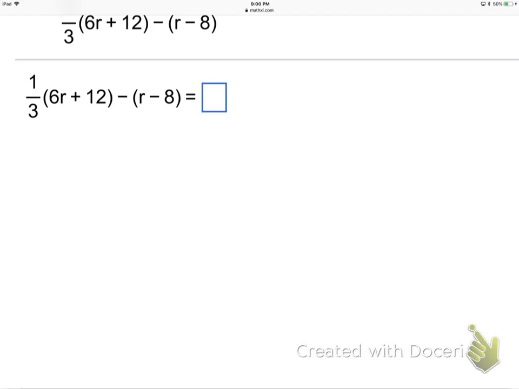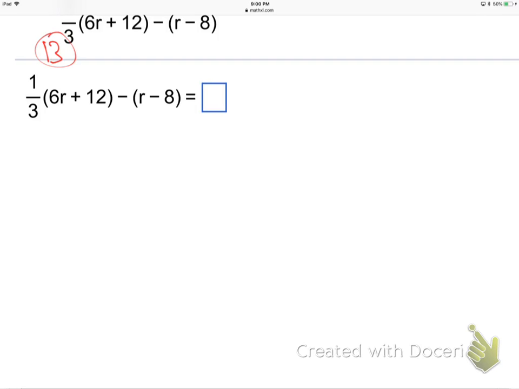All right, we'll wrap up with this one. Number 13. Take that 1/3 and distribute, boom, boom, through there. And then the minus sign is going to distribute to the other two.